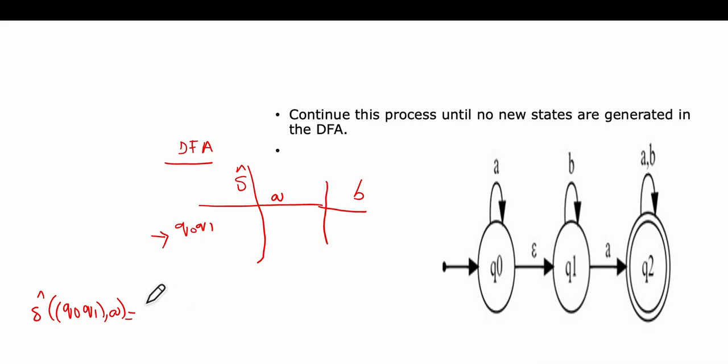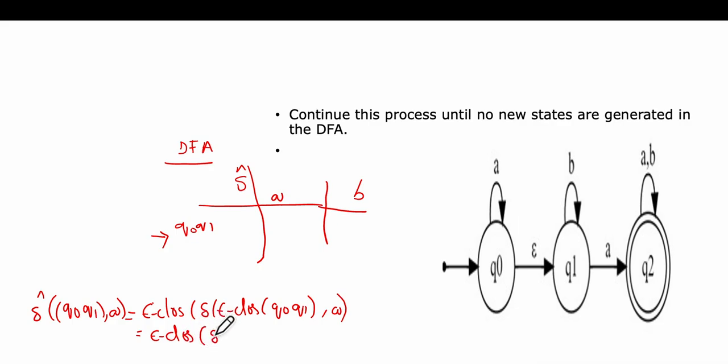The formula is E closure of delta of E closure of Q0 Q1 on A.